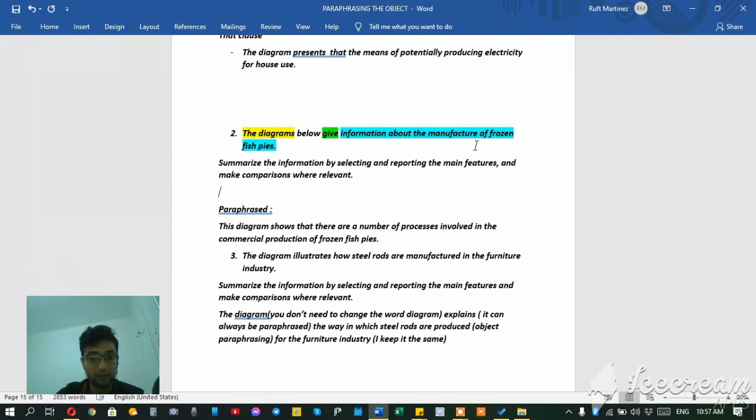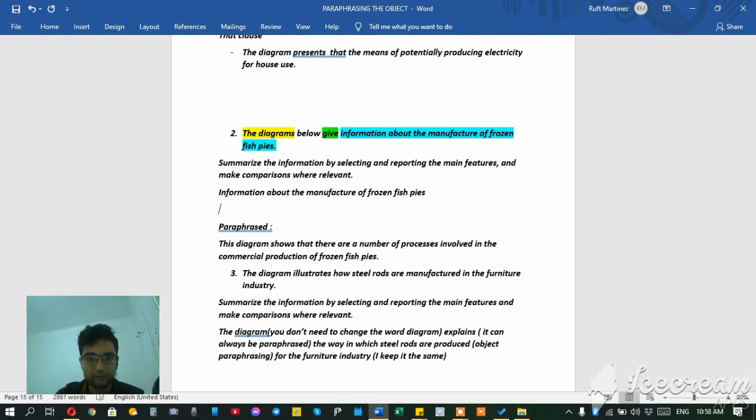That's what I'm saying. So for example here: information about manufacture of frozen fish pies. Right? Now, here are some examples for that.